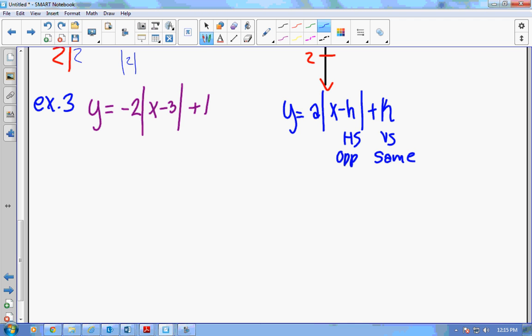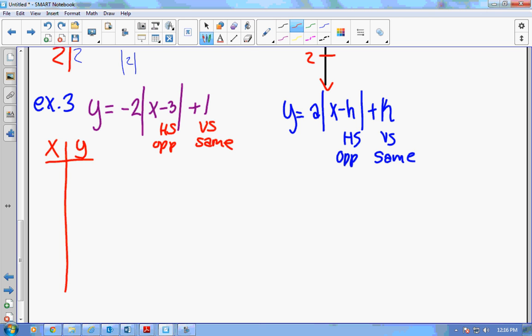It works the same way as quadratics. So if we're looking for the center of our graph, we have a horizontal shift here. We have a vertical shift there. We do opposite, same. So we're going to need to get some points. This one takes a little more room for work. We'll put our vertex in the middle.